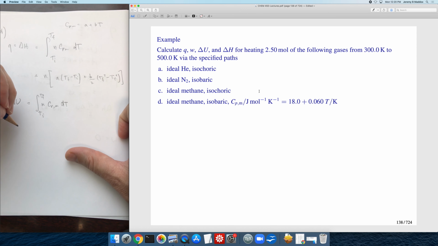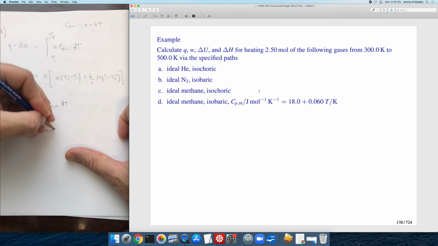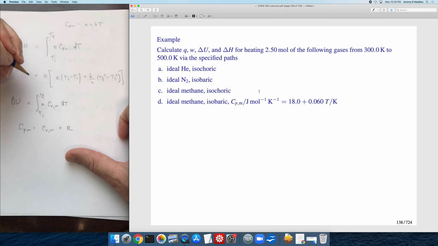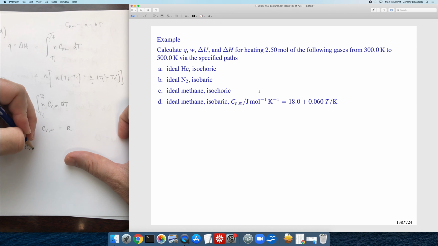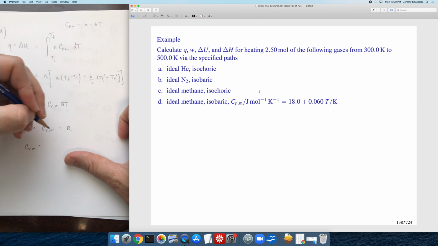And so what you would do, you would use this result that CPm is equal to CVm plus R for an ideal gas, and so you would rearrange this. You would then need to integrate this function. Okay, so it's like just adding a minus R to this expression here. So it's not that complicated, but it is a little detailed.